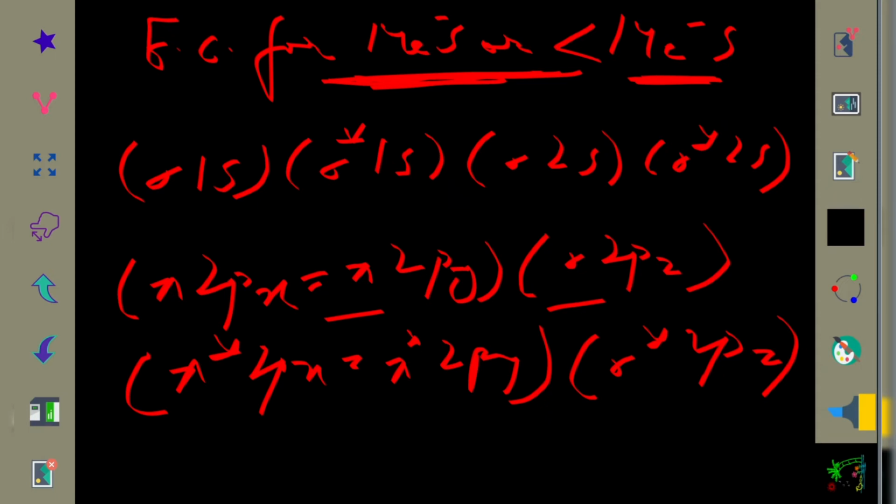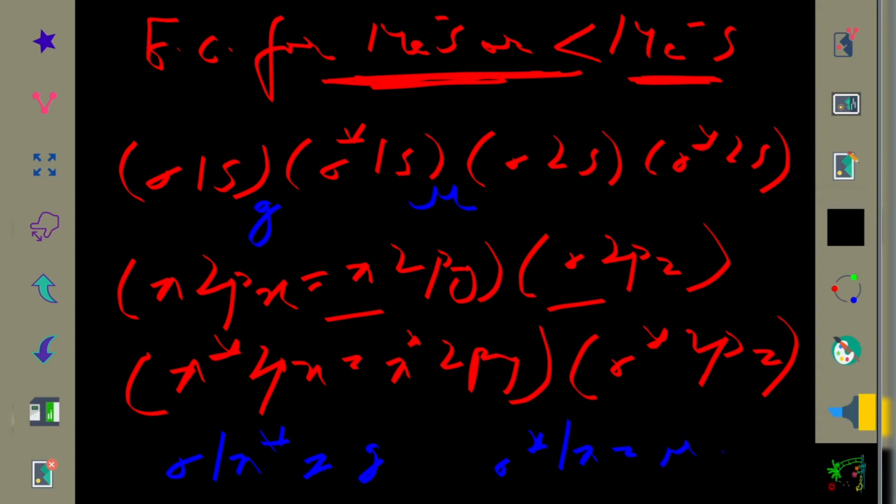Now let's talk about the symmetry of these molecular orbitals. As I already told you, sigma and pi star are gerade, sigma star and pi are ungerade. So respectively we can write: sigma 1s, that is bonding, so it will be gerade.